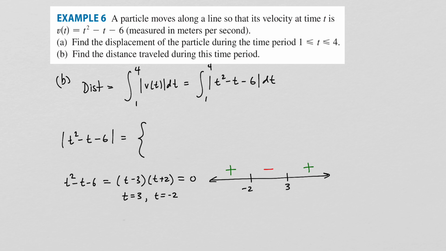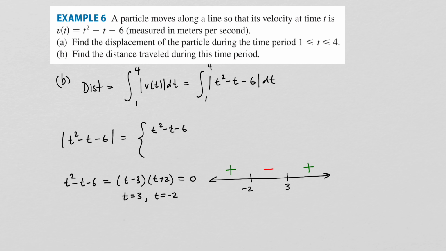Well, remember what an absolute value is. If you plug a number into an absolute value and it is already positive, the absolute value doesn't do anything, right? So if I plug in a number that is bigger than 3 or less than negative 2, it's going to be positive already, which means these absolute value bars don't need to do anything.